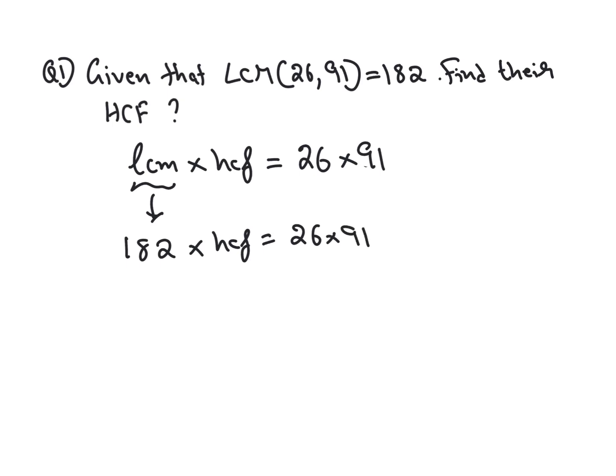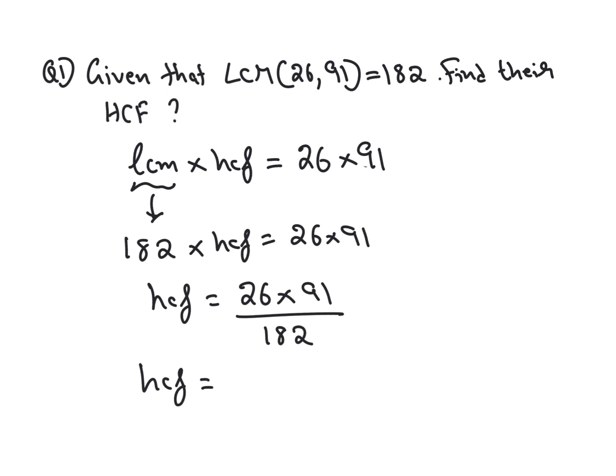So how do you find HCF? So HCF will be equal to 26 times 91 divided by 182. Do your math. 26 times 91 divided by 182. How much is it going to be? Work it out. And if you do your simplification, or those who use calculators, if you're using your calculators, it is going to be 13.